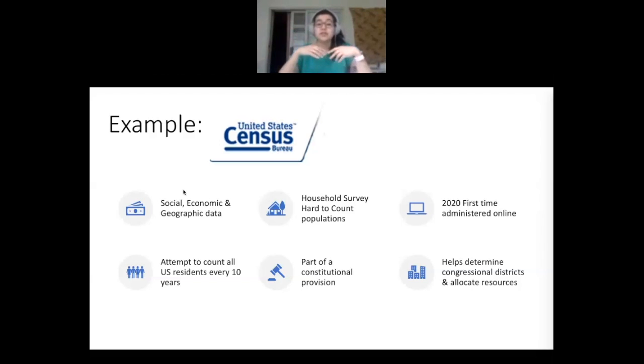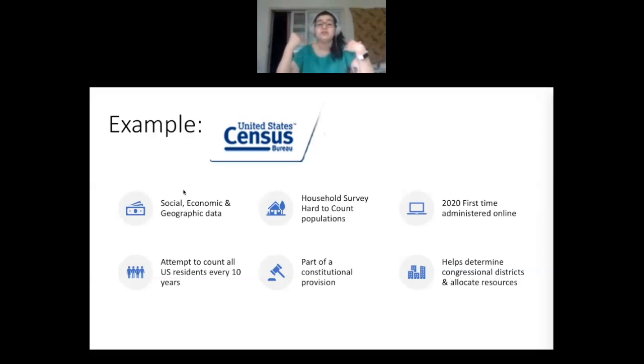And so it collects social, economic, and geographic data. It's based off of households, so it is harder to count populations that are more transitory or don't live in the same space or don't necessarily own or rent a home themselves, but maybe live with family members or have more difficult housing issues.